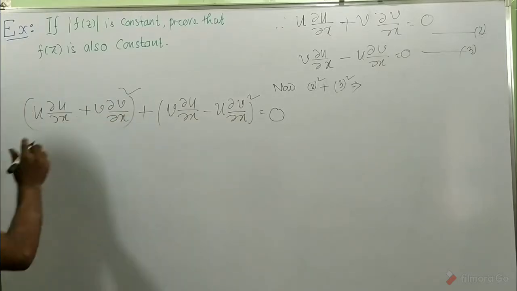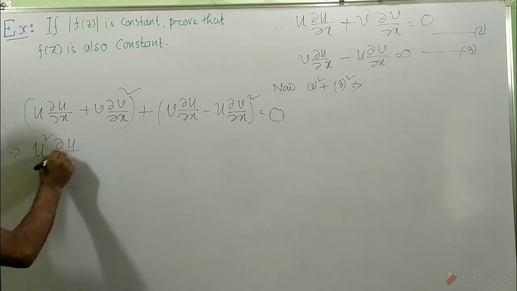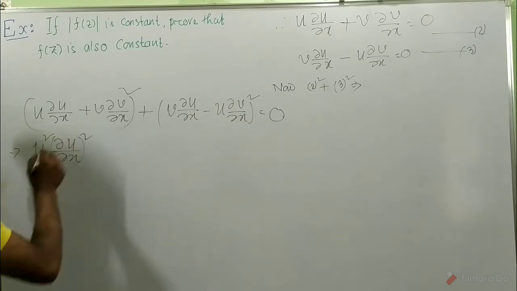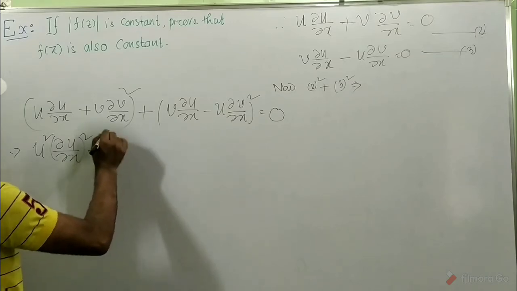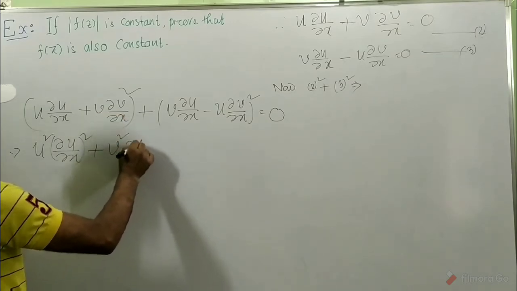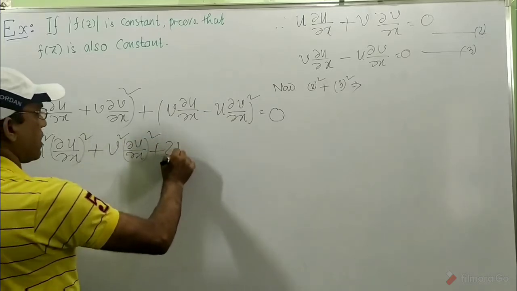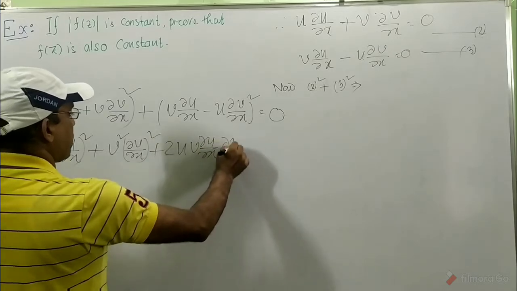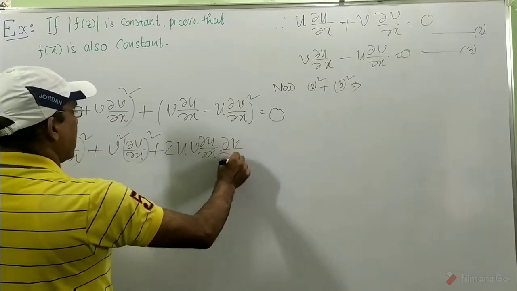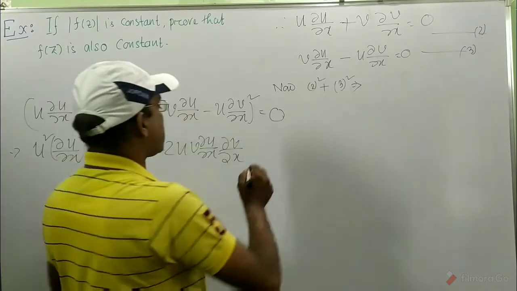Now this is (a plus b) whole square, which is a square plus b square plus twice ab, and this is (a minus b) whole square.